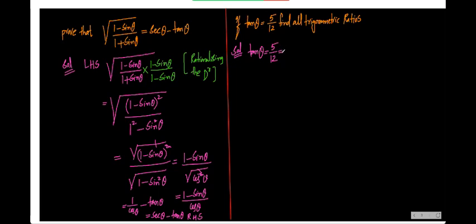Tan theta is sin by cos, opposite by adjacent. So it means this is the opposite side, and this is the adjacent side. Opposite side is 5 here. Adjacent side is 12. You have to draw a right angle triangle figure. In that figure, you have to see where is opposite and where is adjacent.